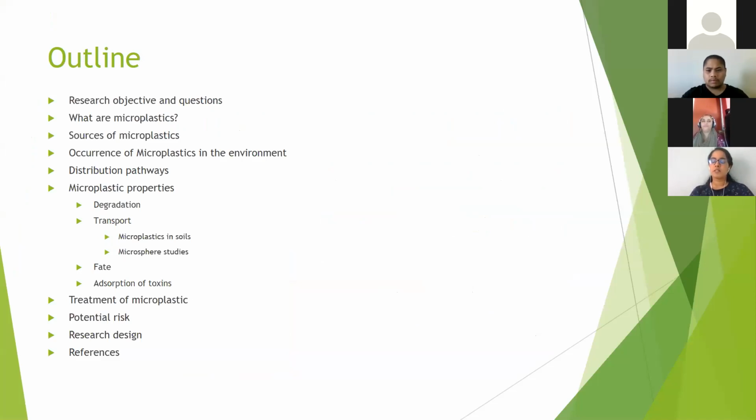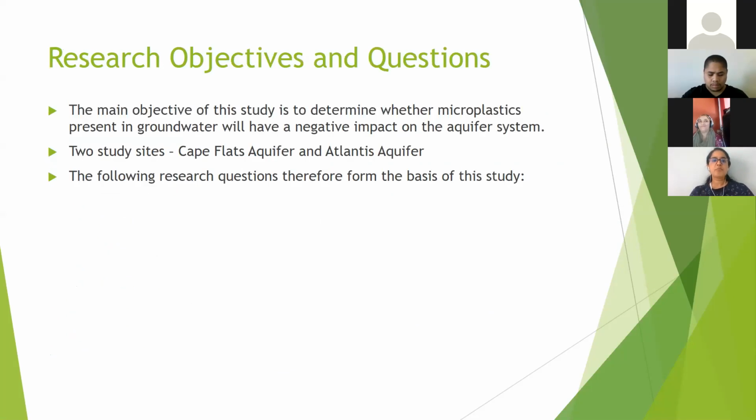I'll chat about what microplastics are, where we find them, how they travel, and then some of the properties like degradation, transportation, and then the fate. We'll have a short, brief discussion on treatment of microplastics, and then potential risks, and then we'll go into the research design.